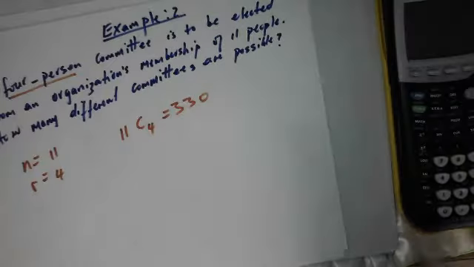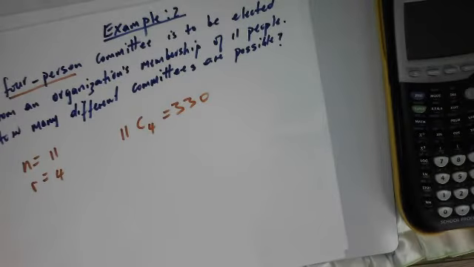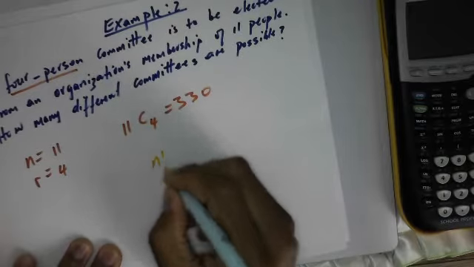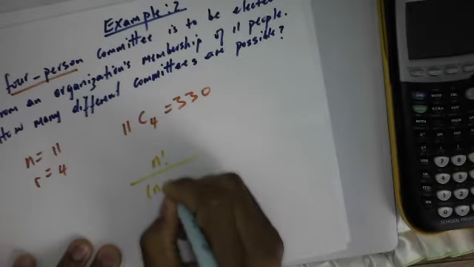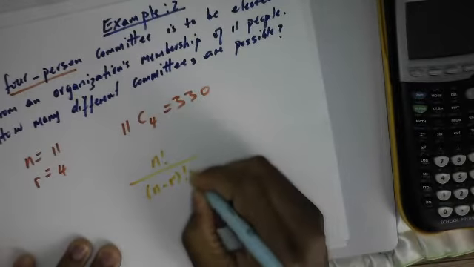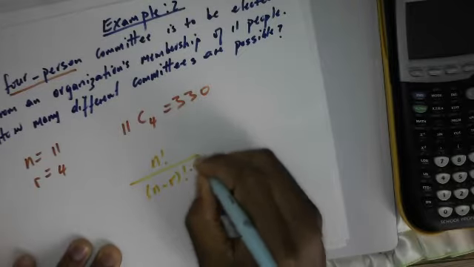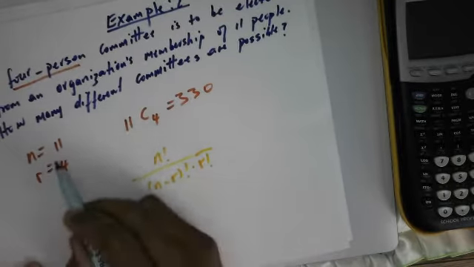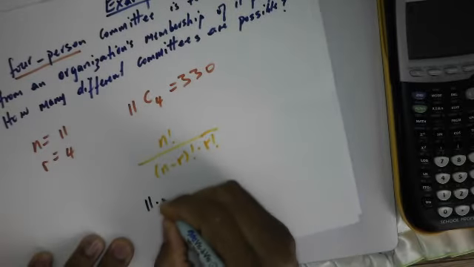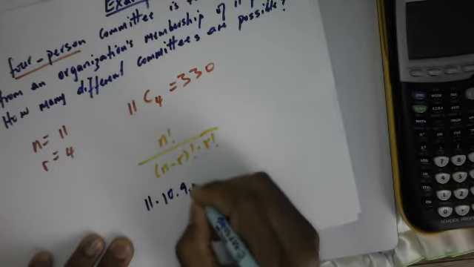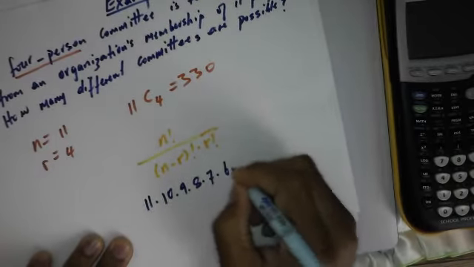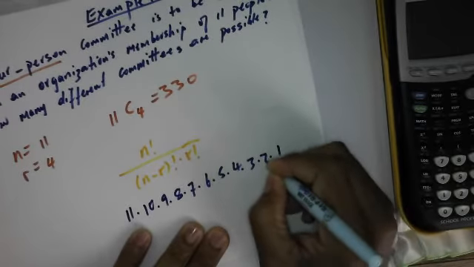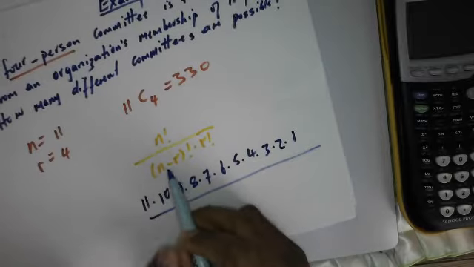Again, if you don't have a calculator, you can do it by hand. So this would be n factorial divided by n minus r factorial times r factorial. So we know that n is 11, so that would be 11 times 10 times 9 times 8 times 7 times 6 times 5 times 4 times 3 times 2 times 1, divided by n minus r.